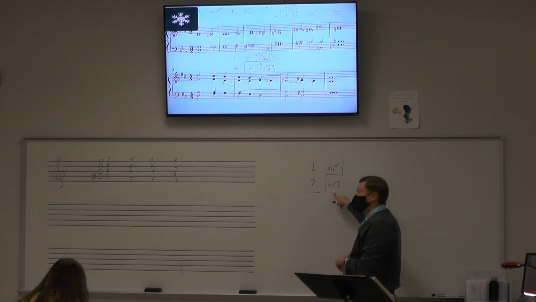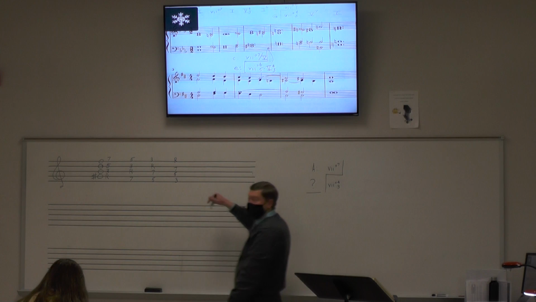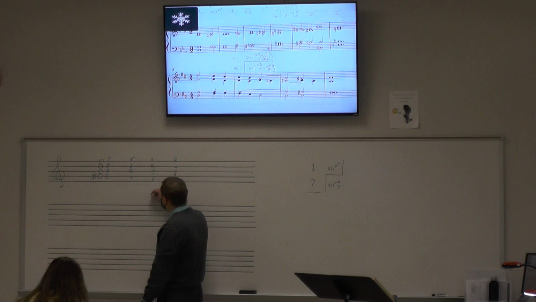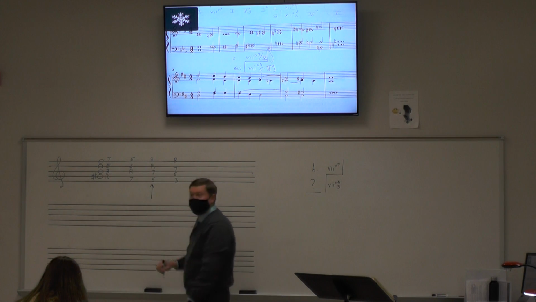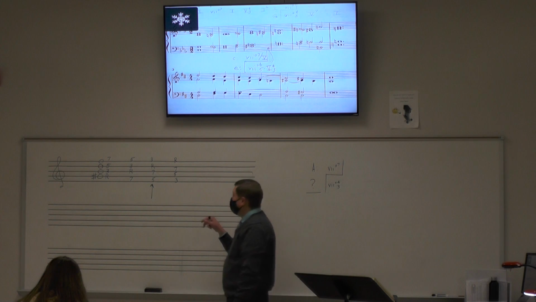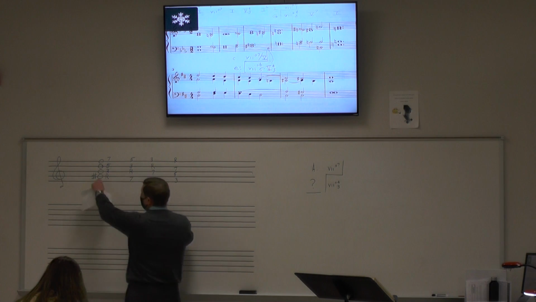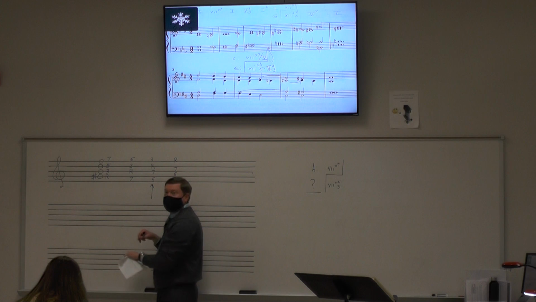A vii°4/3 is in second inversion, correct? That means that the fifth of the chord has to be on the bottom in order for it to be in second inversion. That would mean that I'm looking at this one right here. Correct? The fifth is on the bottom. Well, in that case, I chose to use D as the root.